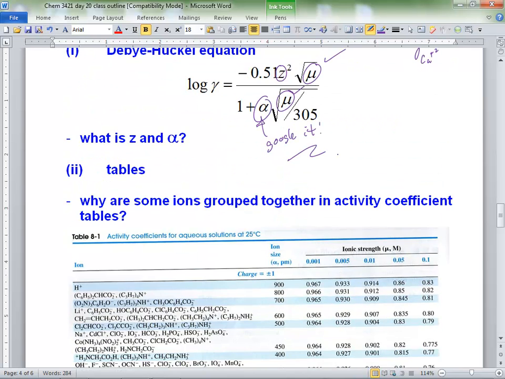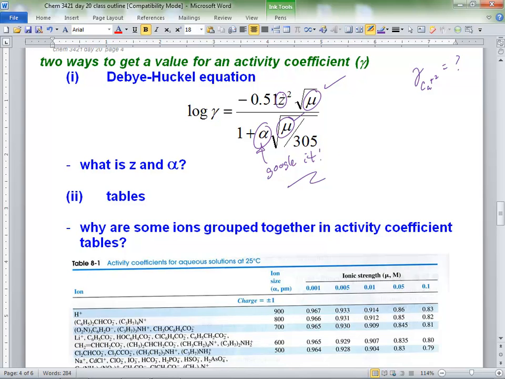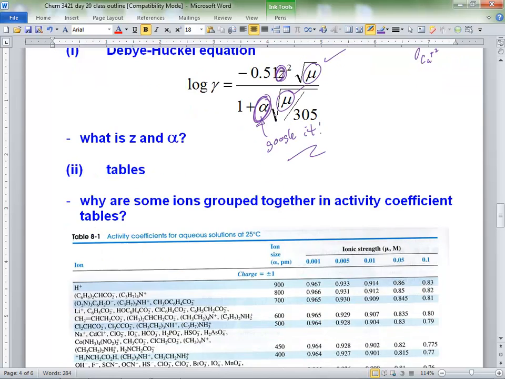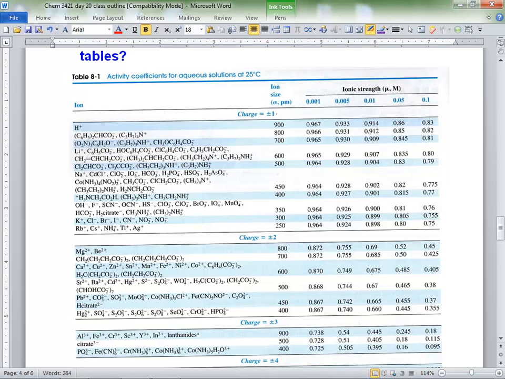If two compounds have the same charge and really close to the same hydrated radius, they're going to have the same activity coefficient. So they try to make this table as small as they possibly could. And that's why they're grouped that way. So you can see here's all the charge, everything has plus or minus 1, and then the ionic strength is over here.